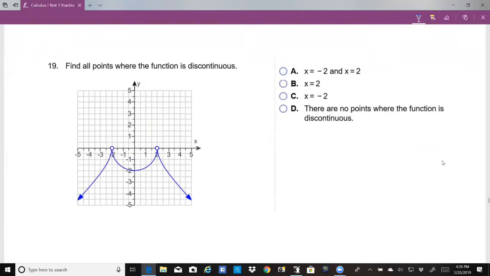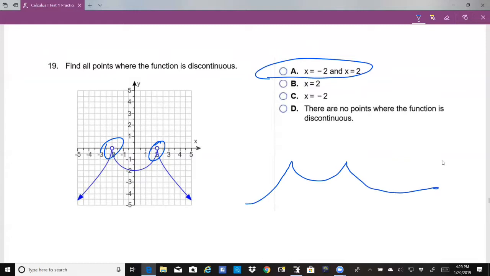It's pretty obvious there are 2 holes at x equal minus 2 and plus 2. So that's where it's discontinuous. If we had taken those holes out and had just this, it would have been a completely continuous function. But in this case, with the holes, the answer is x equal minus 2 and x equal plus 2.